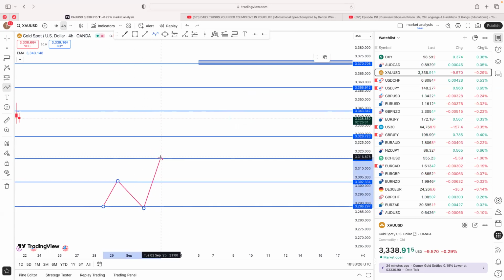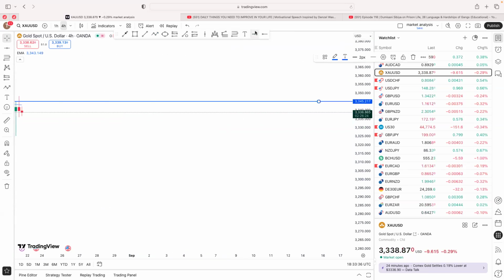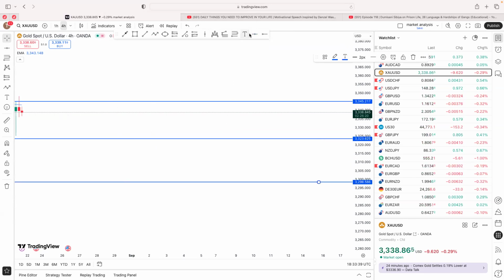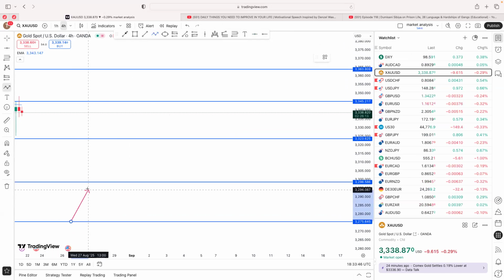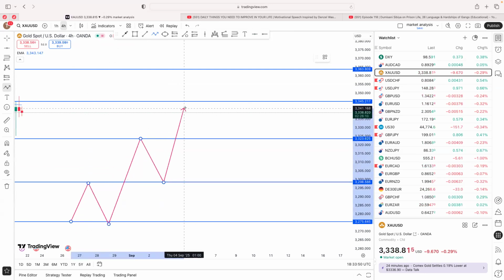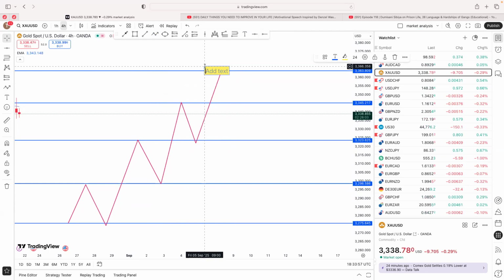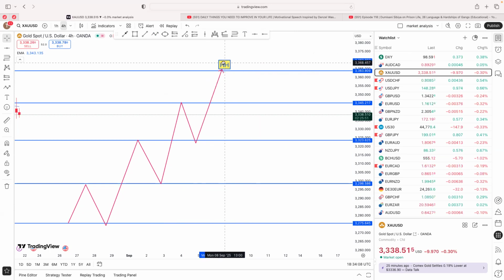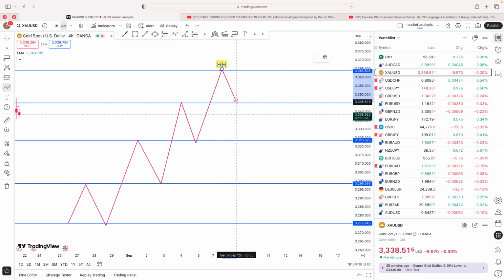Okay, we've got our higher high. Then the market pulls back, creates a higher low, and then pulls back, creates a high, then they drop.